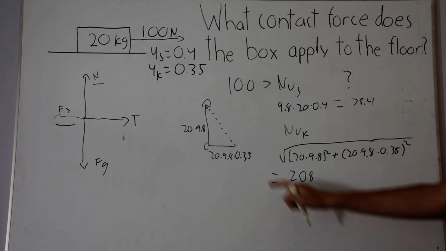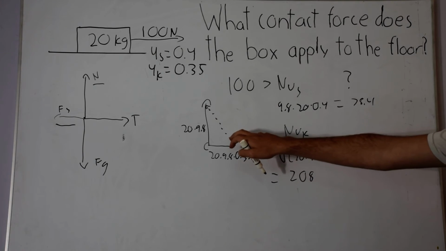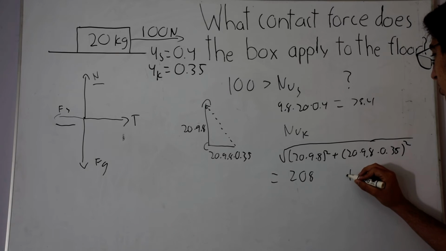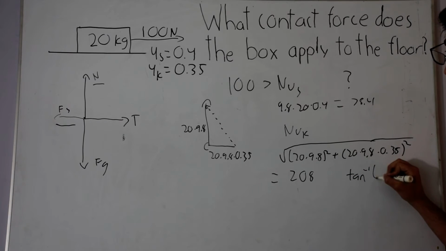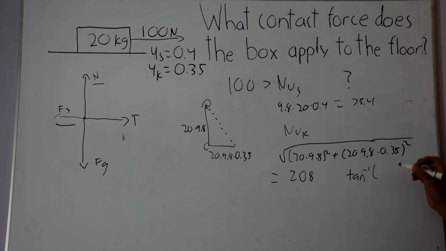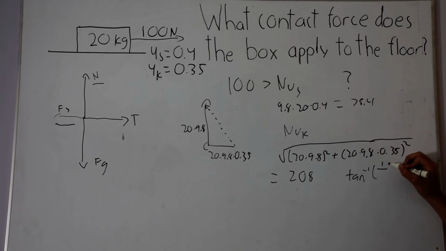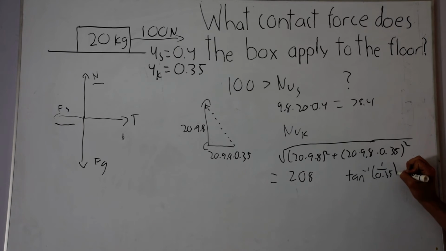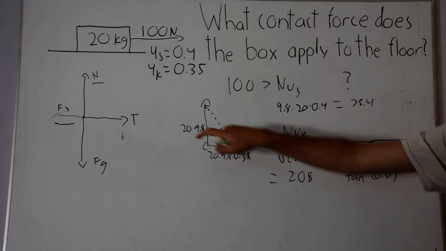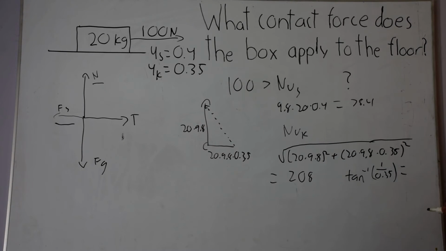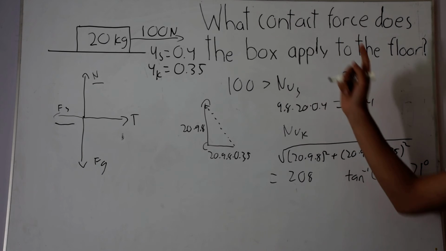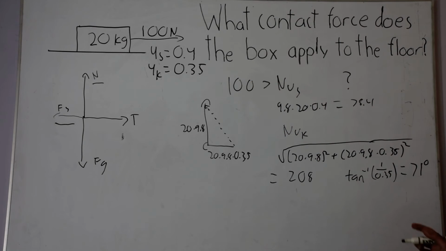And using trigonometry, we know that this angle is equal to tan⁻¹ of opposite over adjacent, which is 1 over 0.35, because these 20 times 9.8 will cancel out, which is equal to 71 degrees. Okay, so we know that the floor does a force west 71 degrees up, and I'm going to assume that west is to the left.